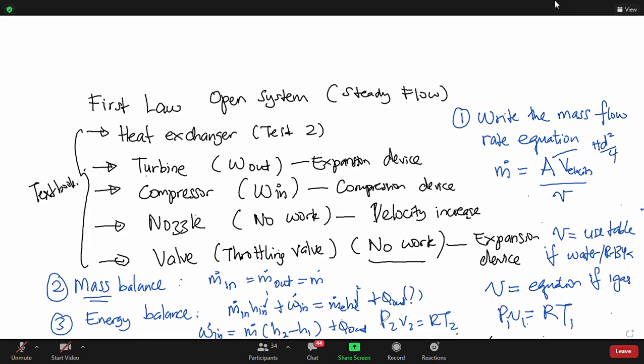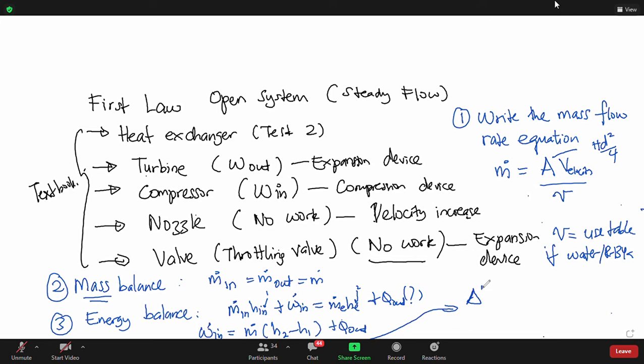Now, see delta H here. If it is steady, you can go to the tables for water or R134A.